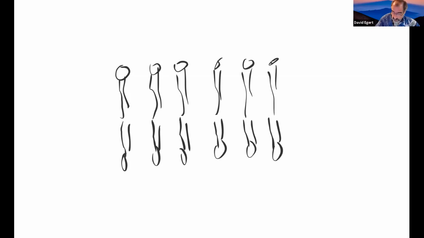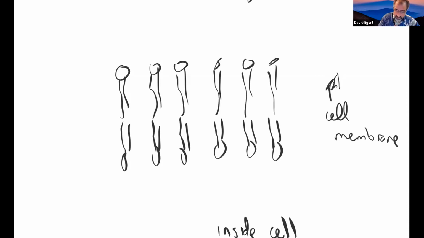So here's my phospholipid, or I'll just call it a cell membrane at this point, because now I'm really thinking about it in my cell. Here's the inside of the cell. Here's outside of the cell. Obviously, most is water.